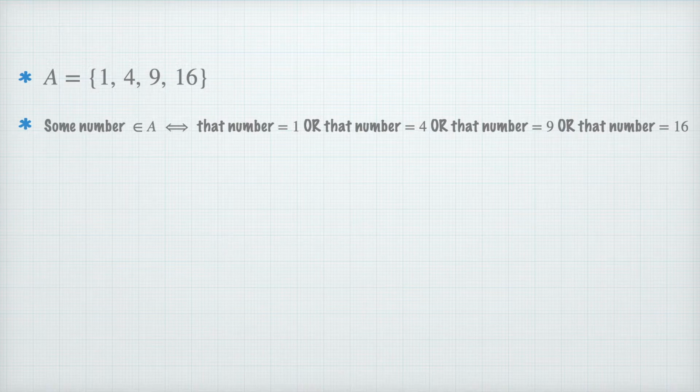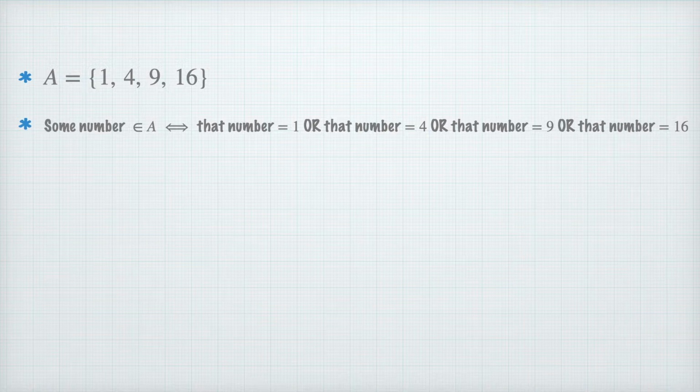So in this case, I've taken the liberty of actually defining it specific to A. So if I say some number in A, that means that number is either valued as 1, or it's valued as 4, or it's valued as 9, or it's valued as 16, right? And there's actually a very specific reason why I chose the OR operator here.